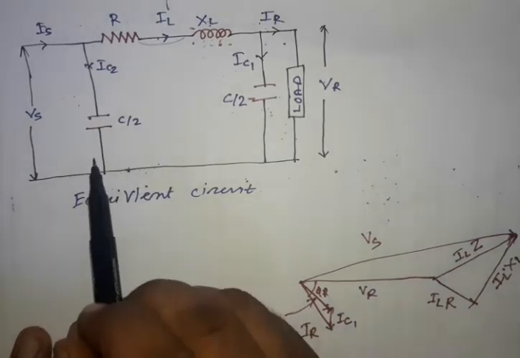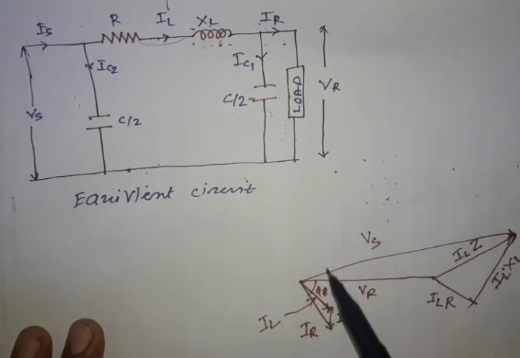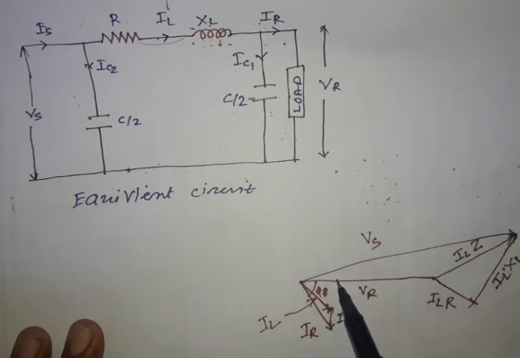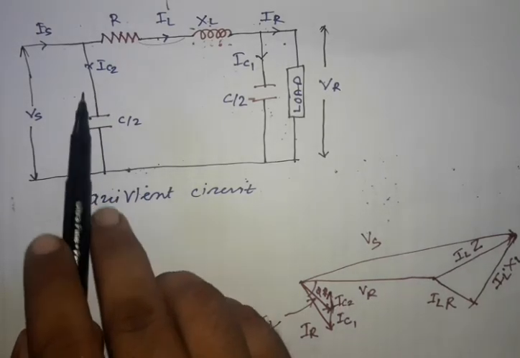Here is the voltage Vs, so we draw a line at 90 degrees to the Vs, which is called our IC2 current, because it is a capacitive current.